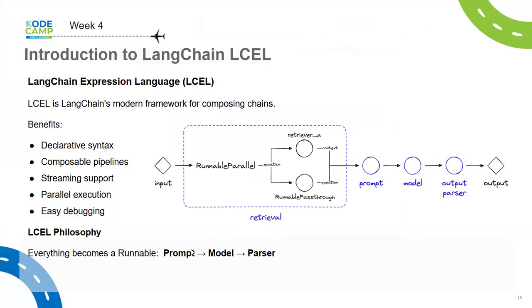Everything is a runnable. The prompt that we just created using a chat prompt template and so on is a runnable. The LLM that you create from Chat Google Generative AI or Chat OpenAI or Chat Anthropic or Chat Grok or any of them is also a runnable.